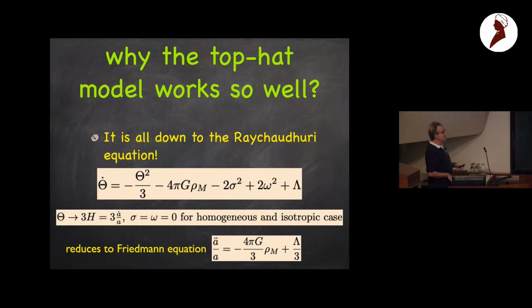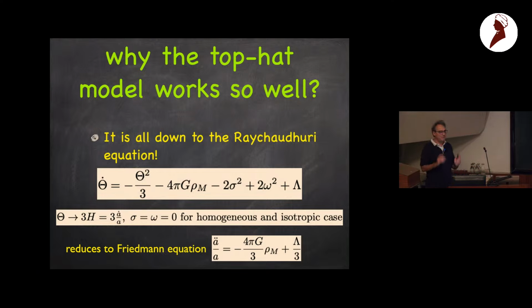But if the shear, and vorticity here was neglected from the start, we assume irrotational dust, and then vorticity is conserved. If it's 0, it remains 0 for a perfect fluid. And the shear, if it's 0, then this equation, guess what, just becomes the standard Friedmann equation.